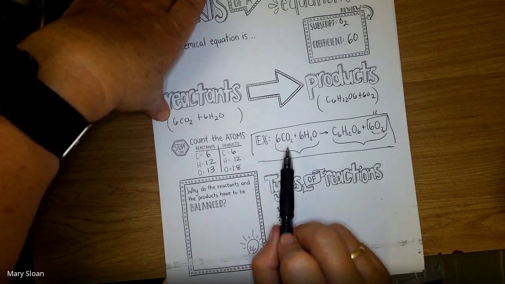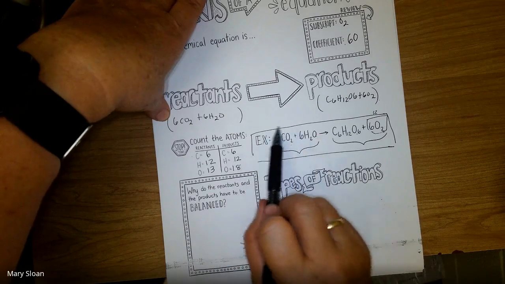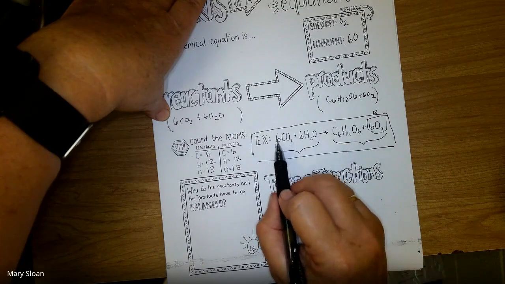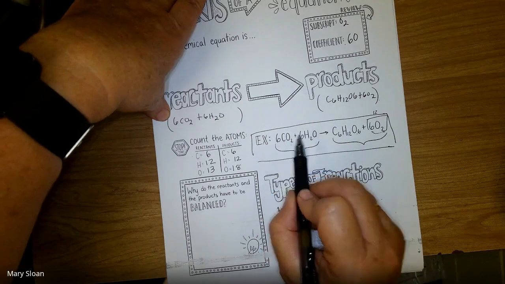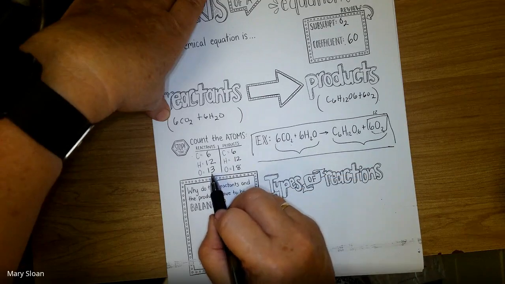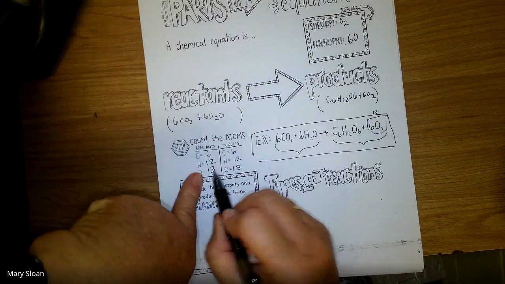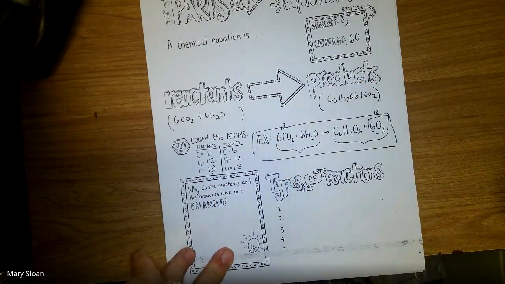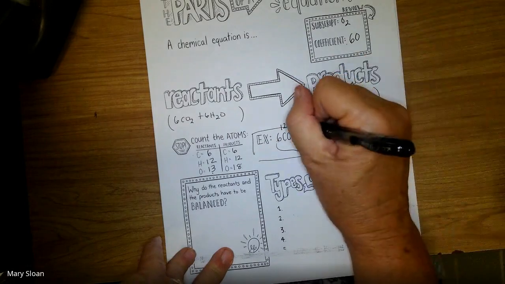So let's go back and check the first one first. So I agree that carbon is 6 here. I agree that hydrogen is 12, but I'm going to check my oxygen count. Okay? So 6 times 2 is 12. Oh no, I made a mistake already, haven't I?